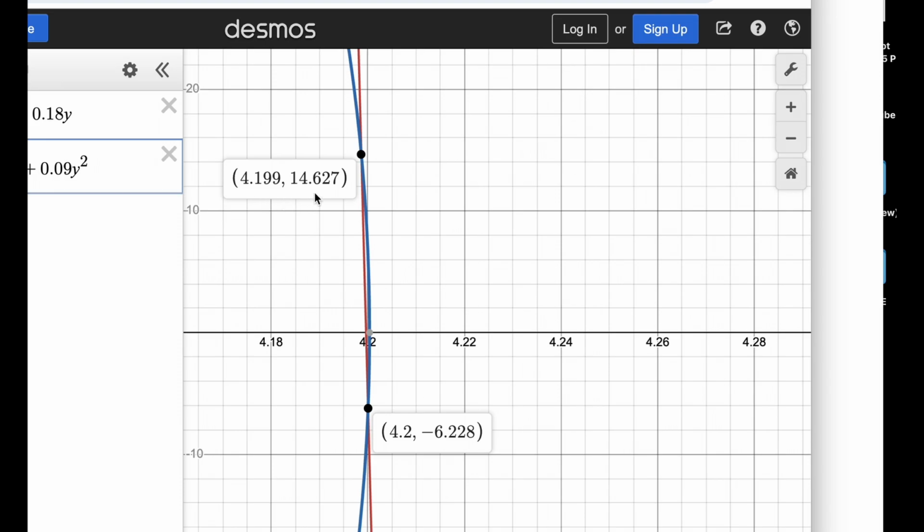However, the ball experiences the greatest change in velocity in this collision. He's now going 14.6 meters per second, and now it's positive where he used to be traveling in the negative direction. So it really rebounded at a great acceleration and a great speed there. But that is going to be our final answer, 4.199 and 14.6.